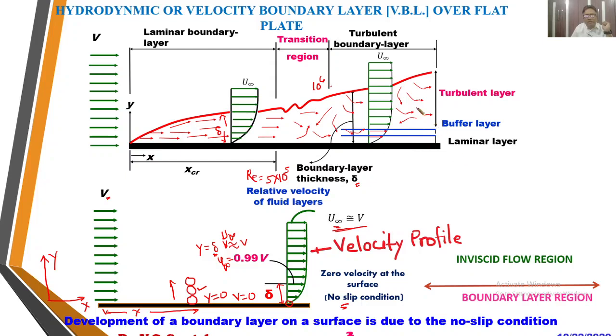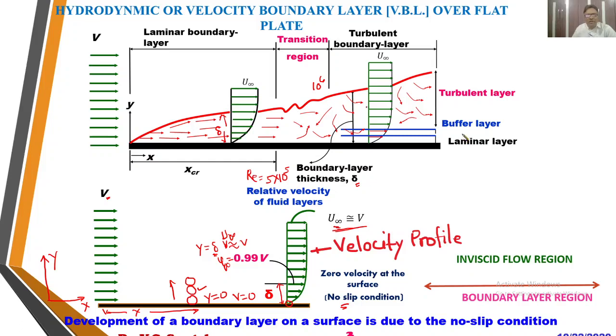And when the Reynolds number is more than 10 to the power 6, the flow becomes turbulent, and under such conditions as well, the boundary layer thickness increases due to the turbulence created.